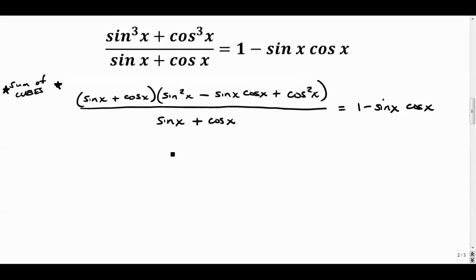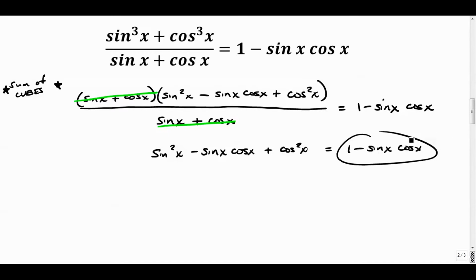From here, all right, we can see there's a really nice cancellation. We have this whole sine x plus cosine x over this whole thing, so we'll cancel those out. So that leaves me with, let's see, sine squared x minus sine x cosine x plus cosine squared x. That whole thing, believe it or not, we need to get to equal this simple little binomial here.